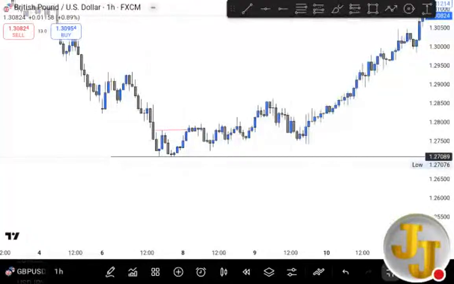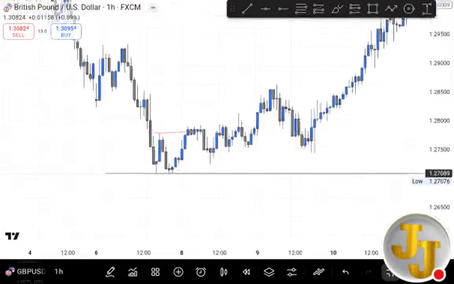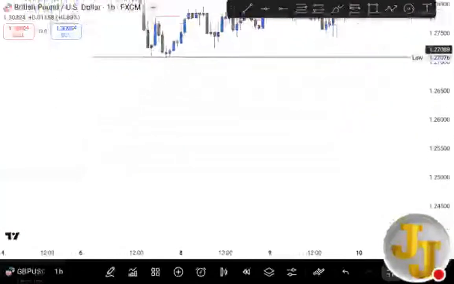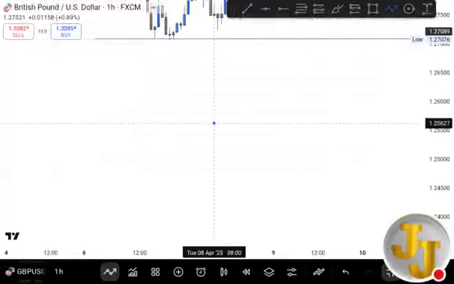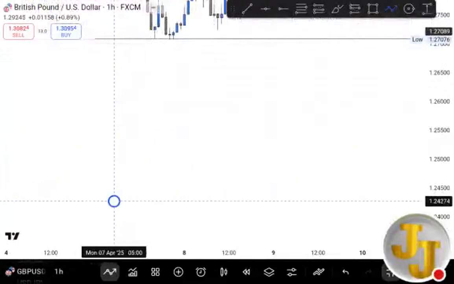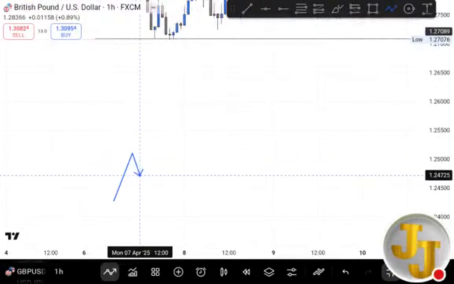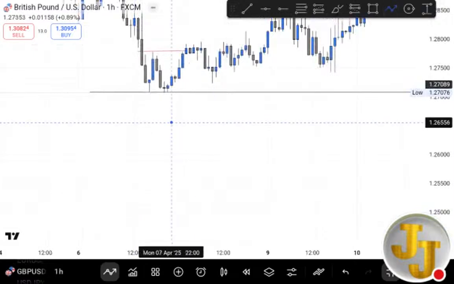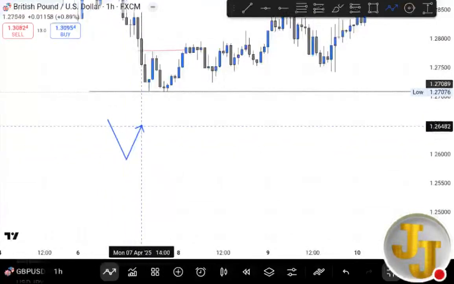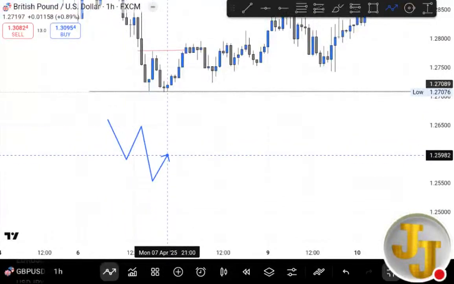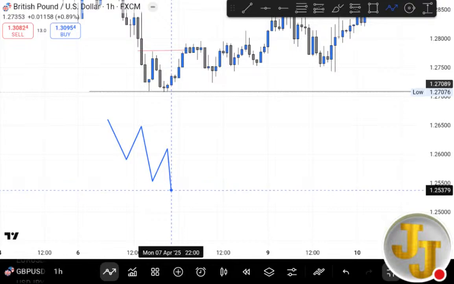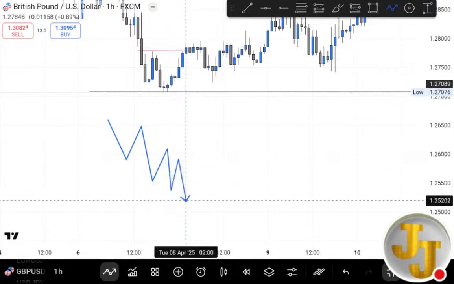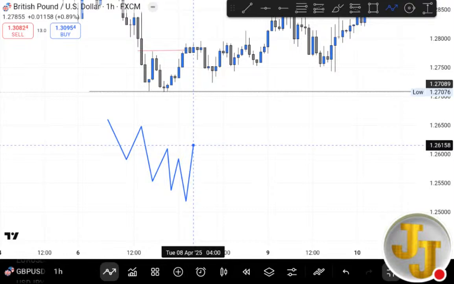So now, for example, here we had this. Let me first show you this thing here. If it was selling, for that case GBPUSD, it was in the bearish direction. So it reached a time and it breaks.